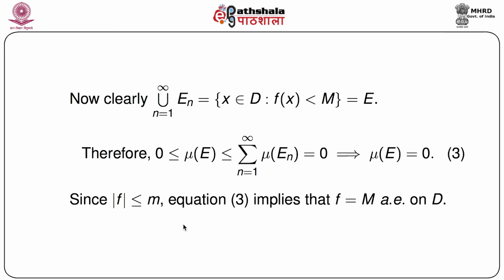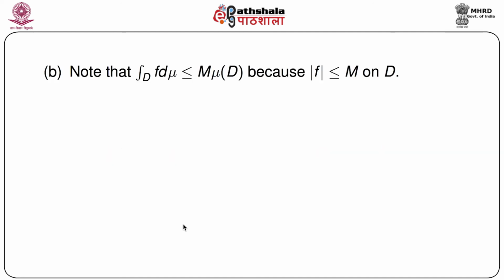So, we get μ(E) equals 0. Now, we know that |f| is less than or equal to M. So, equation 3 implies that f equals M almost everywhere on D. That is the proof of the first part.